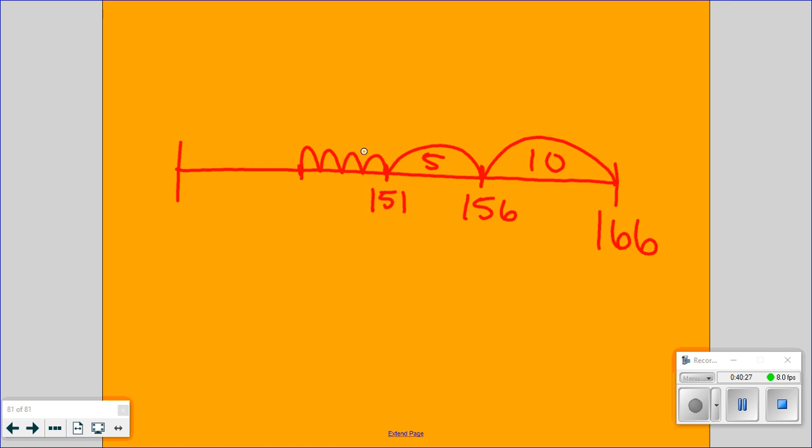So we'll go backwards one. 150, 149, 148, 147.